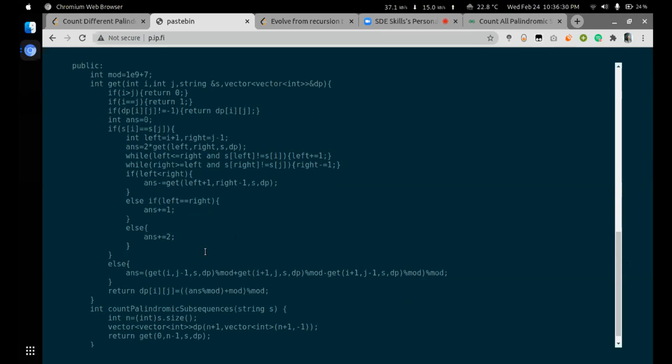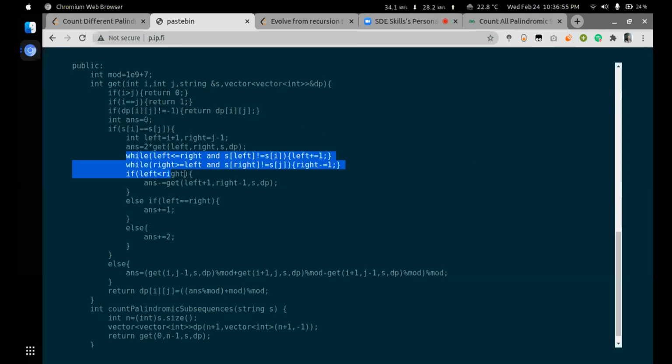I and j will contribute the n square term in the complexity, and again I iterate from i to j pointer, so in the worst case it will go up to n.